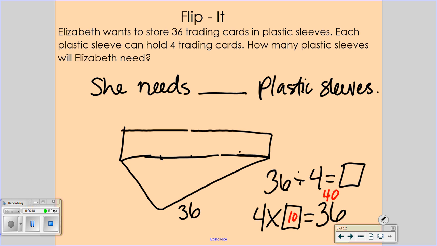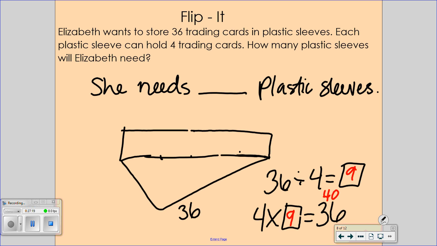It was only one group of 4 away. So if I'm at 10 groups of 4, and I know 36 is one group less, can I just change this to 9? Yes. 4 times 9 equals 36, is that true? Yes. So if 4 times 9 is 36, what's 36 divided by 4?